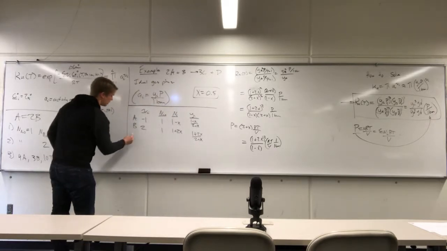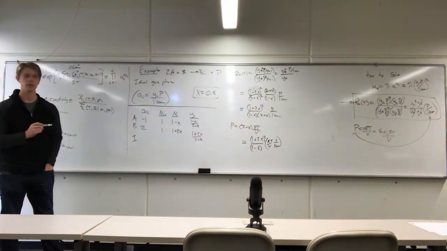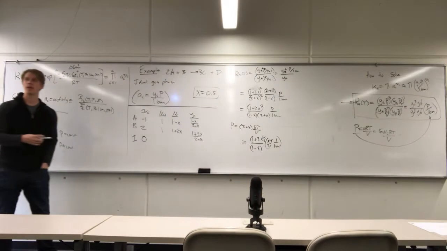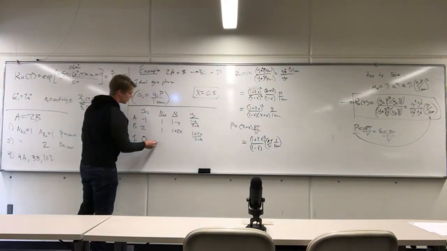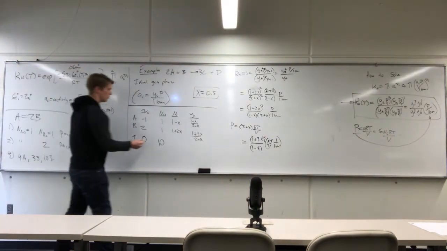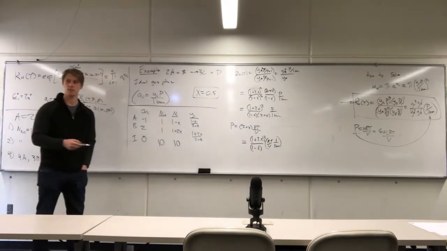So the only complication with the third part is if we add in an inert. In this case, its stoichiometric coefficient is 0, and then that's it. You basically turn your brain off and apply the same formula, the same algorithm. So in question C, it says that there's 10 moles of an inert, which basically means that the number of moles of species I is always going to be 10.